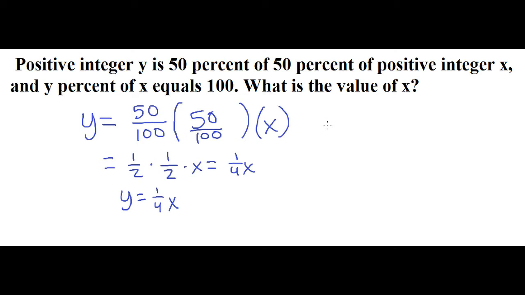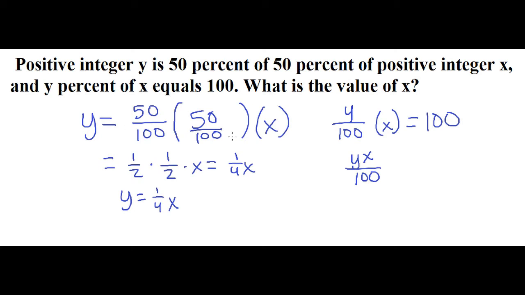And so now we're going to deal with the second part, and it says y percent of x equals 100. So now we're just going to rewrite this as yx over 100, and we can do that if we consider x to be x over 1, and then remember when you're multiplying fractions, you just multiply straight across.